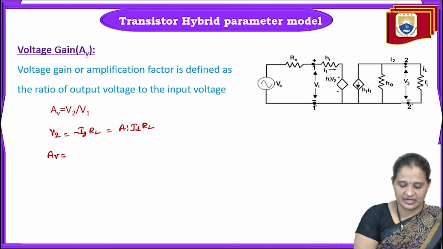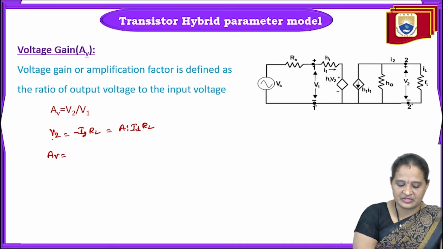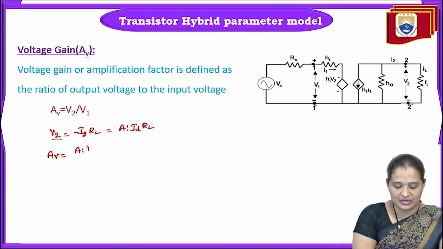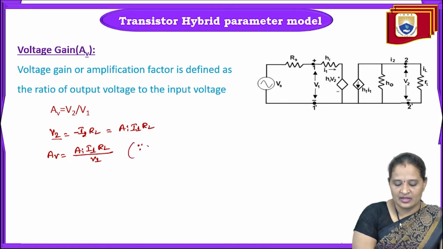I just substituted there. Now I'm going to substitute this V2 in the above equation. So what I'll get? AI into I1 into RL divided by V1. We all know that Zi is equal to V1 divided by I1.